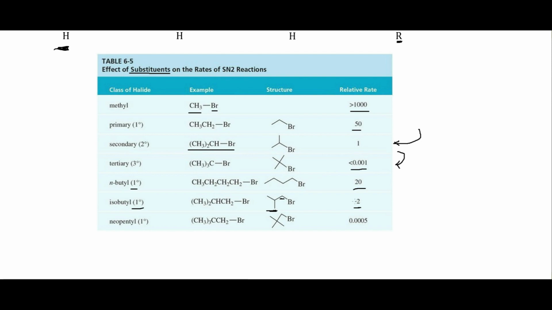And so we do see that it is going to be slowing it down a bit when we compare it to this primary up here where we don't have any substituents on the carbon one away. So then if we add yet another substituent on that carbon one away, we see that we are actually slowing down compared to our secondary carbon. And that's because there is still going to be some steric hindrance. There's still going to be this bulky group that's getting in the way of your nucleophile coming at the substrate.